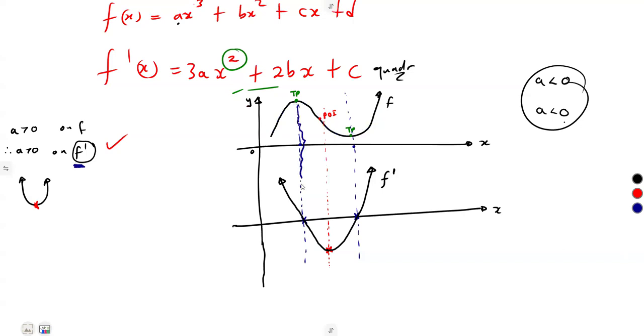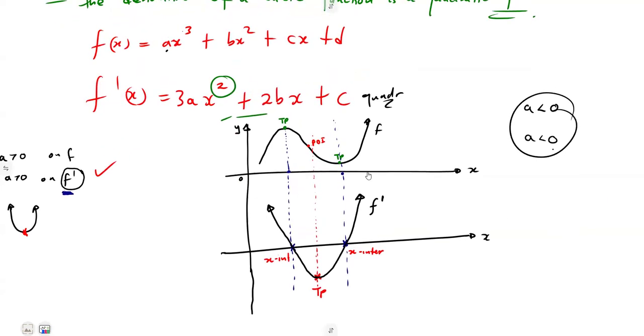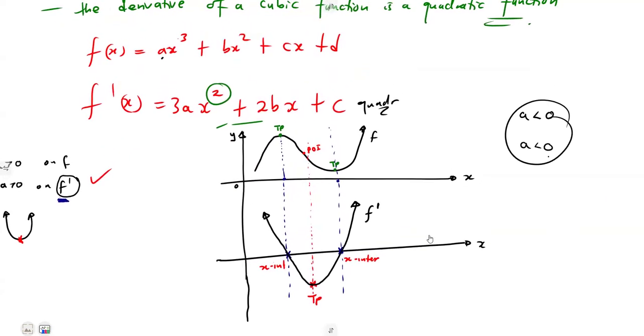Those values of x are the ones that you are considering as your x-intercepts on the first derivative. The value of x at the point of inflection is the value of x at the turning point of what? The first derivative here. So that is the condition. We've got our x-intercept on the what? On the first derivative from the turning points.